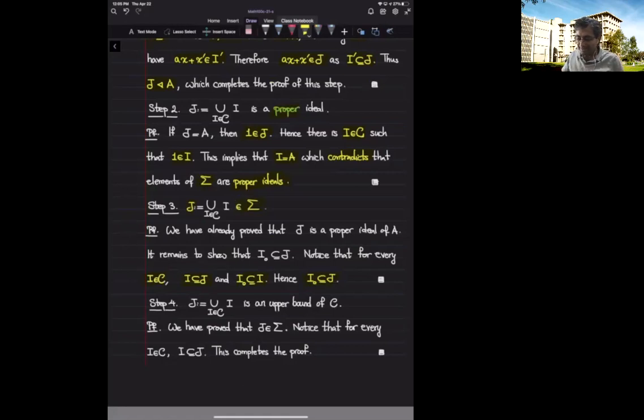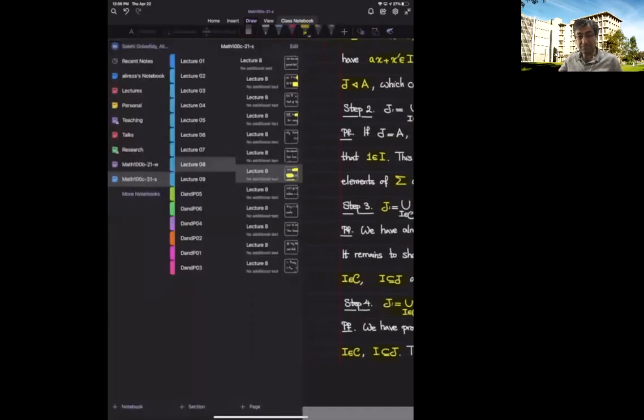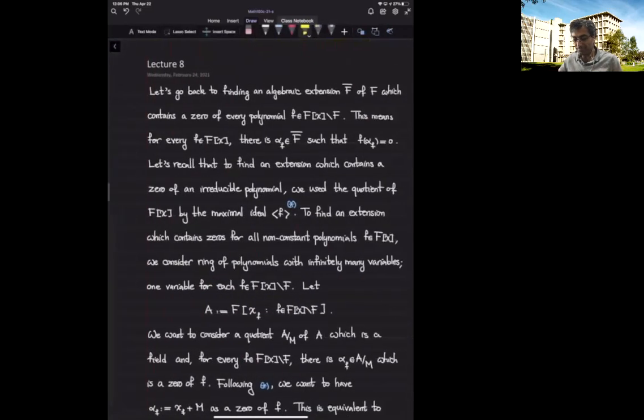And clearly, it is an upper bound for the chain because every element of the chain is a subset of J, and it is inside sigma. So every chain inside sigma has an upper bound, and therefore, by Zorn's lemma, sigma has a maximal element, and that finishes the proof.